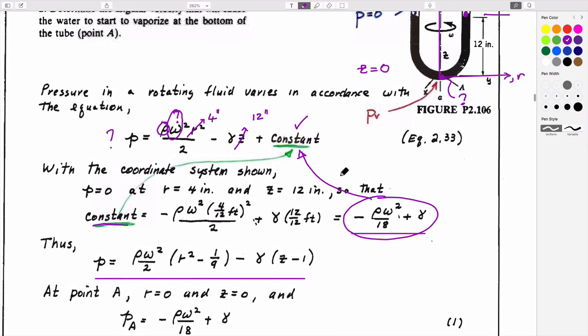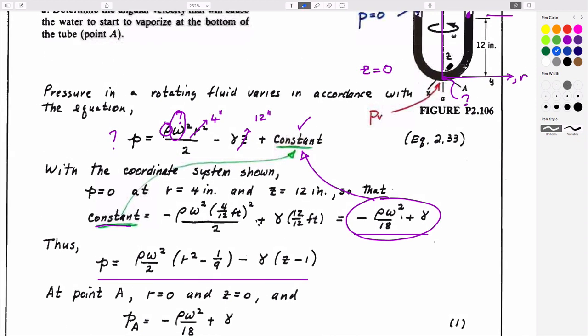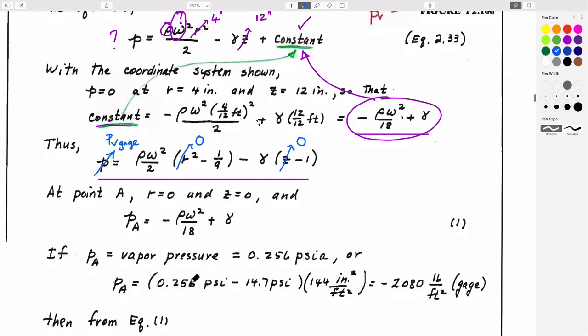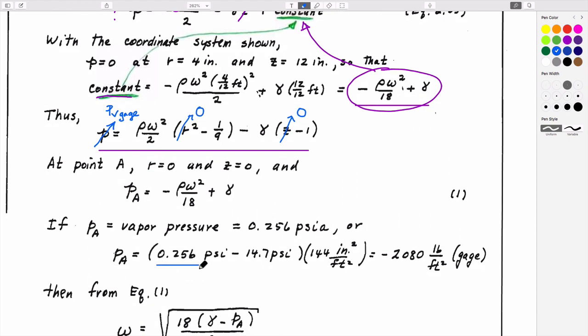And we want to know, we think it's going to cavitate at this point here, where z is equal to 0, and where r is also equal to 0. And if we know that the fluid pressure that is going to be the limiting pressure is going to be the vapor pressure in gauge pressure. The vapor pressure of water is 2.56 psi. In gauge pressure, it's equal to 2.56 psi minus atmospheric pressure.